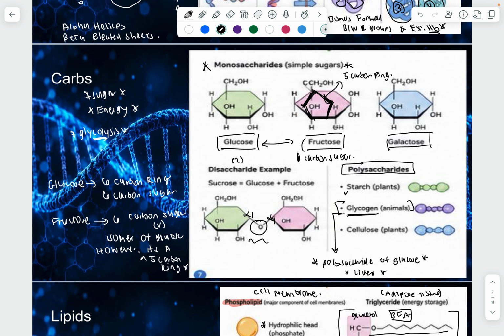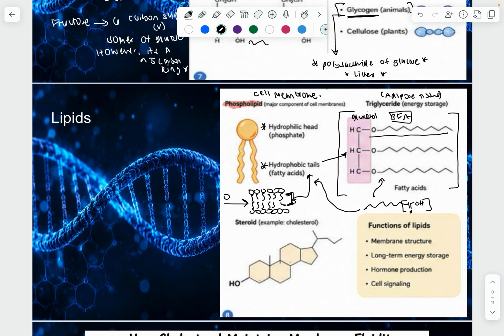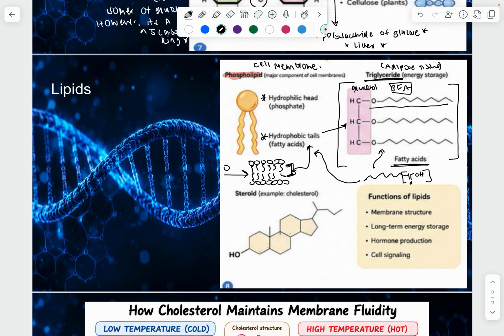After all my glycogen stores have been used up, then I go into breaking down triglycerides. And these fatty acids will break down, travel through the blood, go into cells, and they will undergo a process called beta oxidation. That is what we will discuss in metabolism, though. This is just a general overview lecture of the cell.